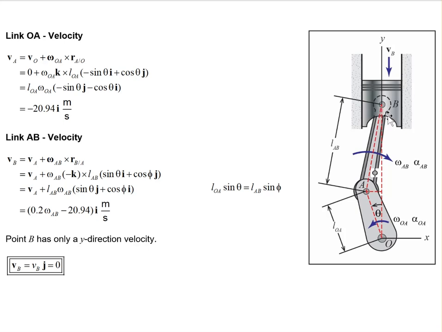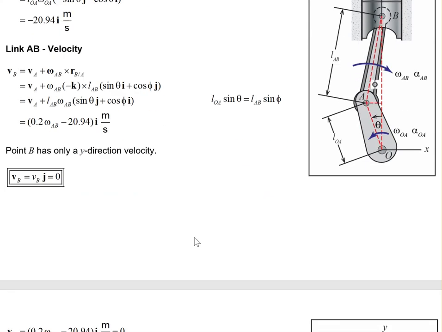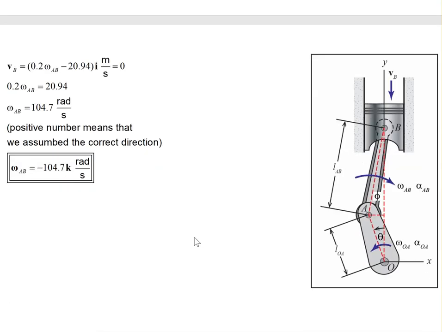So VB only has an I component. That means the velocity at top dead center of B is 0 because there's no J component. And the I components will equal 0 because there's no I direction velocity at B. So we can also use that to determine what omega AB is.